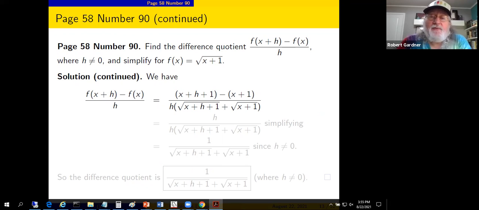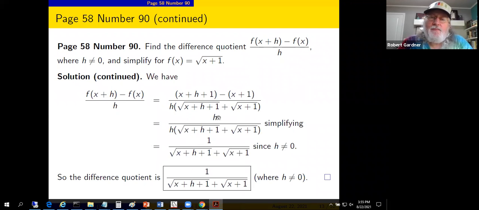So let's see, here's where we left off on the previous slide. Here's an x minus x, and here's a 1 minus 1. When we distribute, those will cancel, and we'll just be left with the h in the numerator. Just an h in the numerator. Can you cancel those h's? As long as h is not 0, you were told h is not 0, but definitely include that information. We get the cancellation provided h is non-zero.